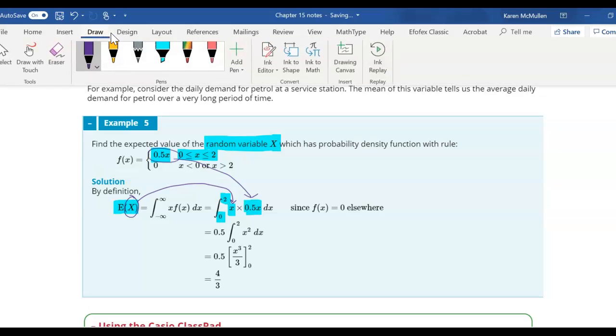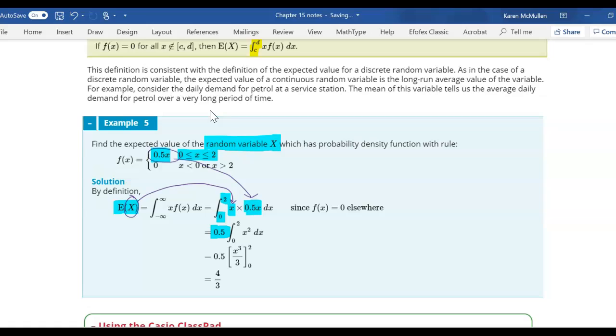Now, something we haven't been doing consistently is taking out any common factor. So here we've got 0.5. We can actually just take it out the front of the definite integral. Sometimes it makes it easier when we're finding the antiderivative, especially if we're working with fractions or decimals like we are here.